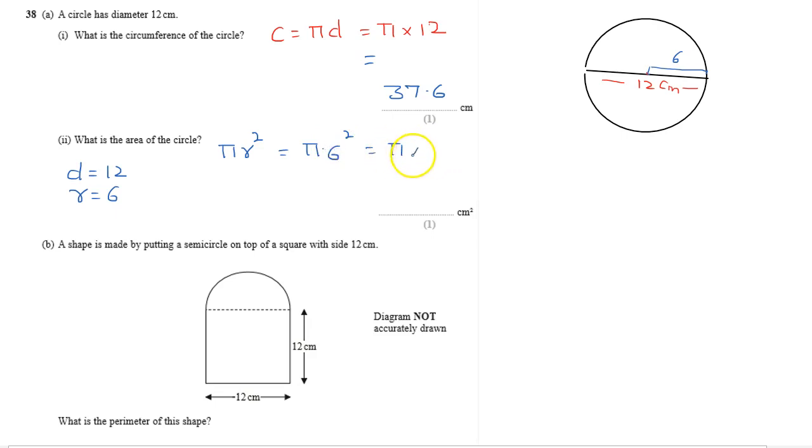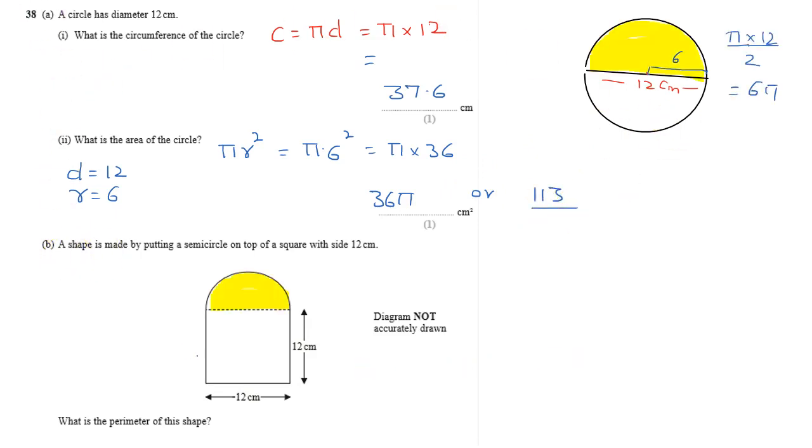So pi multiplied by 36. You can write your answer straight away: 36 pi centimeter squared, or you can use your calculator to multiply, and that will be 113.